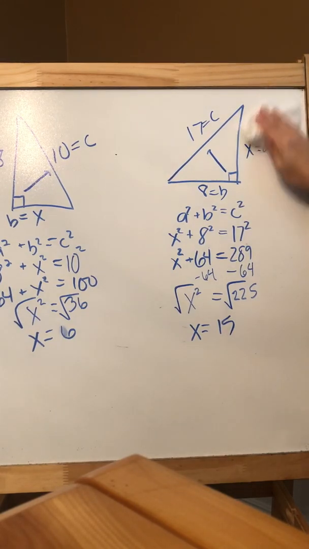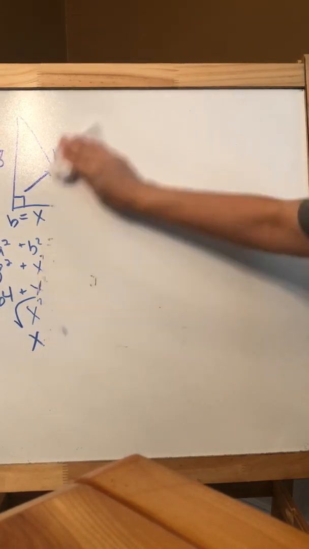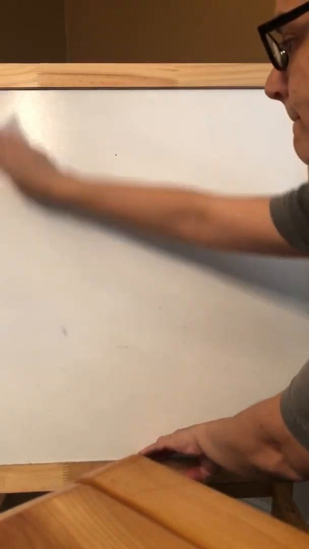Okay, let's make it a little bit harder. All right, what if you have one that's a decimal? Let me see if I can get a calculator on this computer.